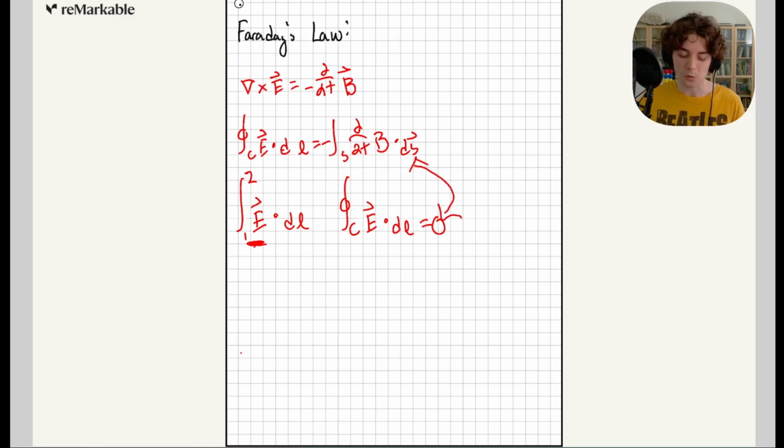This only holds if we are not in a changing magnetic field. And this is actually the driving force behind turning mechanical energy into electrical energy.